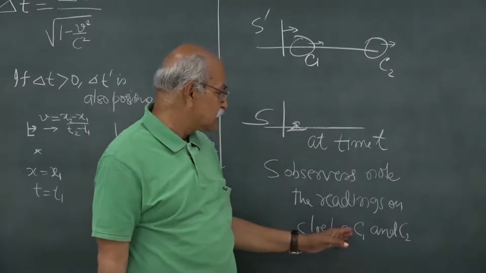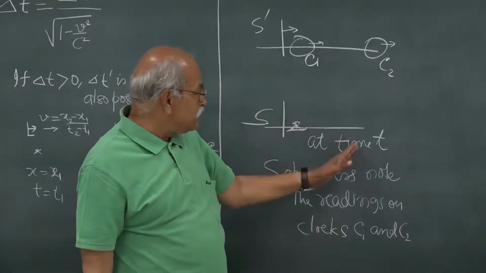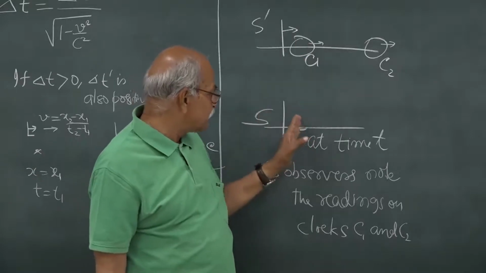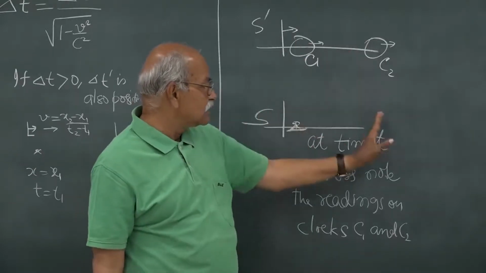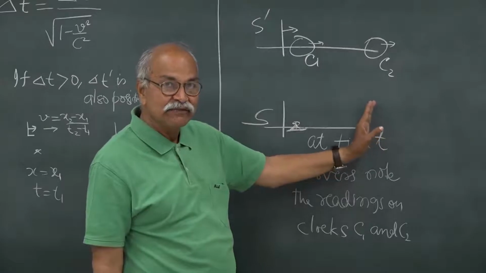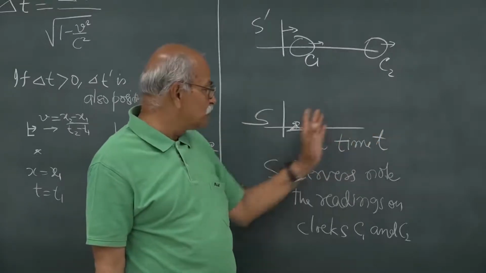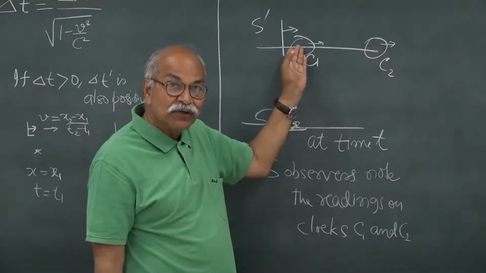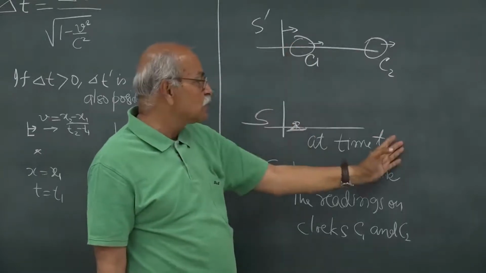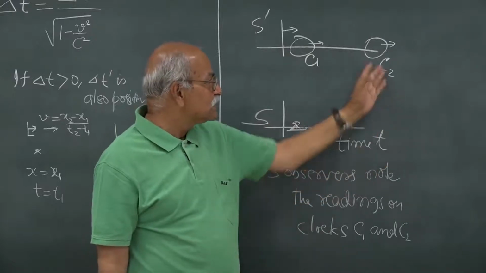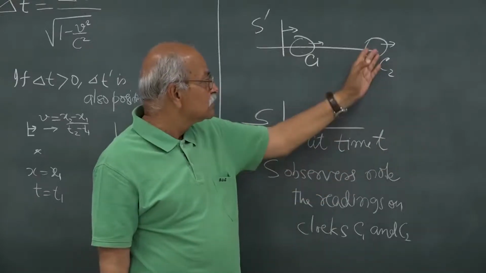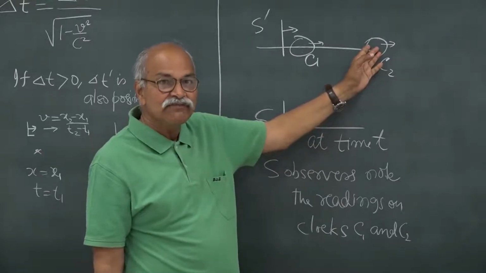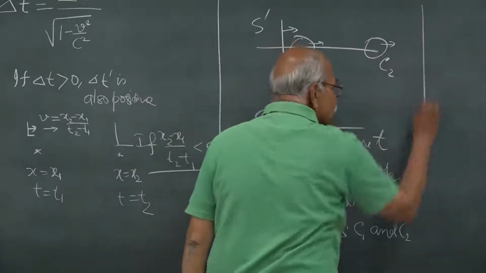At time t, this clock is here, I am talking from the S frame, at this x, and this clock is here, its position given by these coordinates. The observer who is here notes the time shown on the clock C1, and this observer who is opposite this clock notes the time shown on this clock C2. Now, these are two events. So, let us analyze these two events.